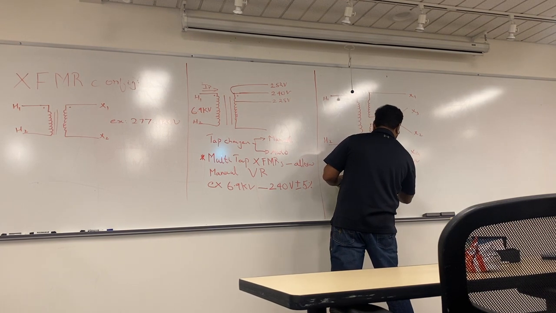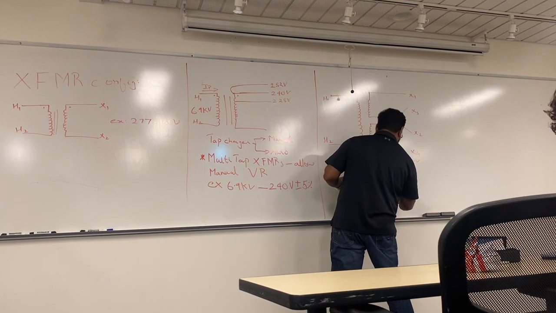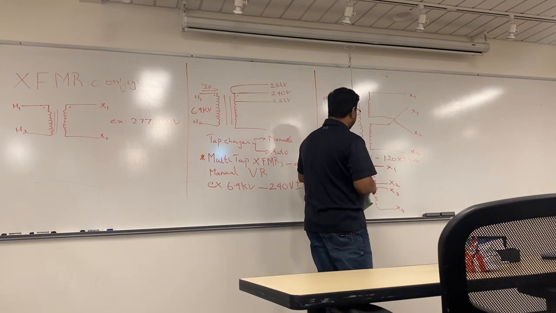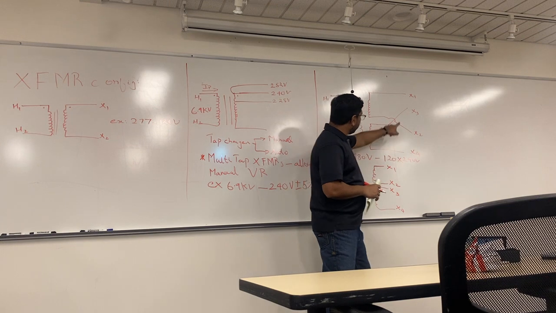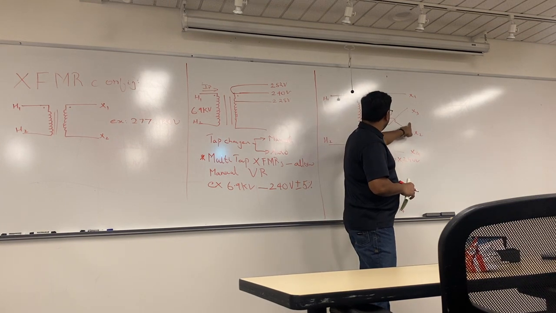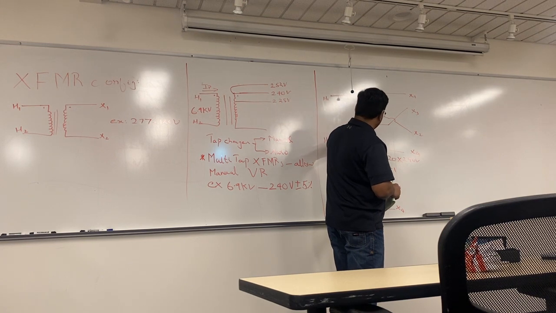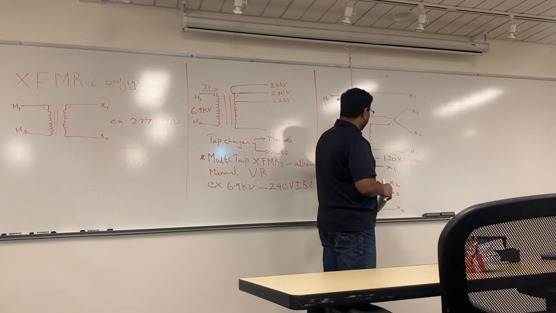So X1, X2. I have an X3 starting here and an X4 ending. X3, X4. So what I'm trying to say is, if I connect X3 and X2, that is short these two guys, whatever voltage is here, it's getting the full effect on both the windings, which means it will be 480 and 240. I can also do a parallel thing.